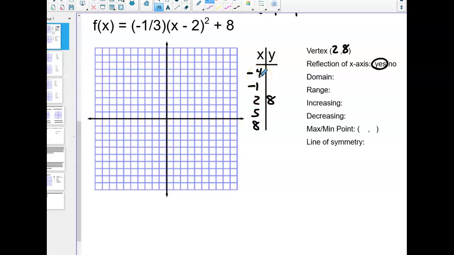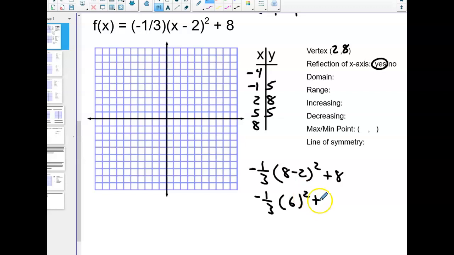5 minus 2 is 3. 3 squared is 9. Negative 1/3 times 9 is negative 3. Plus 8 is 5. Negative 1/3, 8 minus 2 squared plus 8. We have 6 squared plus 8.